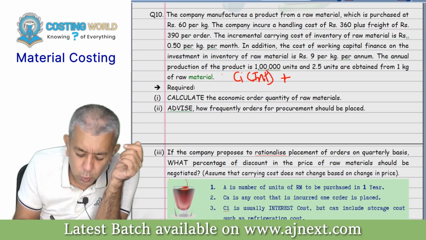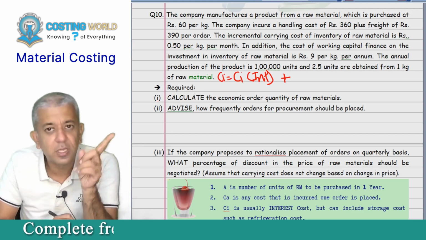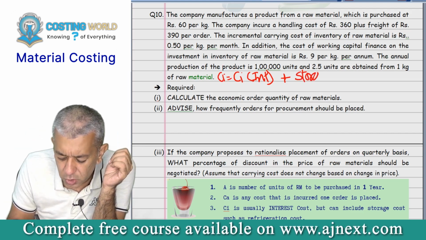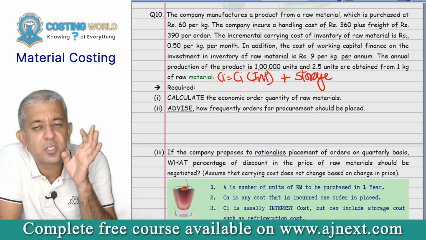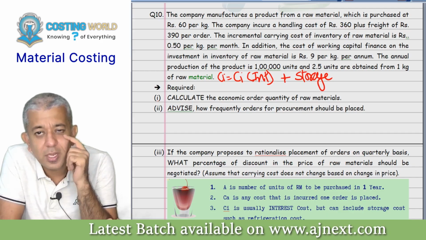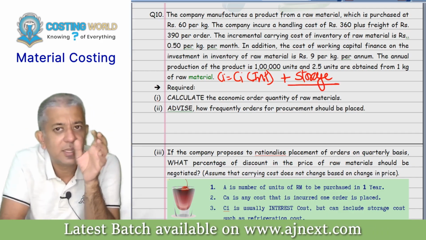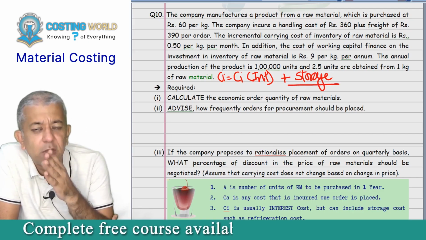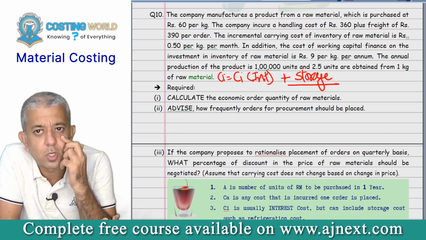So CI usually includes only interest cost, but can include other costs also, popularly called storage cost, for example refrigeration cost. If these costs are there, they will tell you in the question. Then, just as you compute your CI normally, please include these costs also.